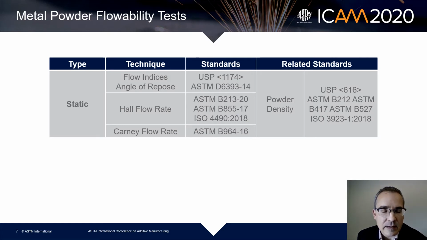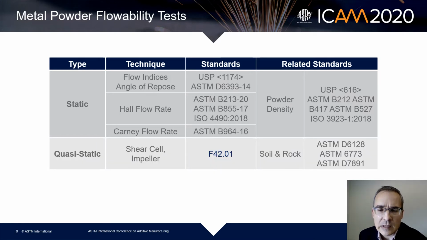So looking at the different flowability techniques that are applied to metal powders, I think most people are familiar with the conventional static techniques, such as flow indices based on density, angle of repose, and both the Hall flow rate and the Carney flow rate being fairly standardized within ASTM. Another technique that people talk about are these quasi-static or quasi-dynamic techniques, such as shear cells or the impeller-based systems like the Freeman FT4.